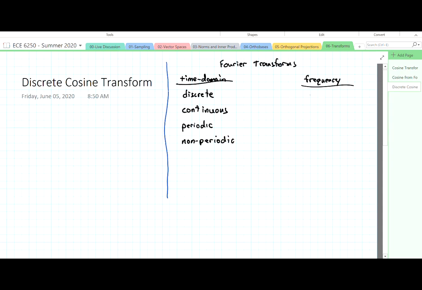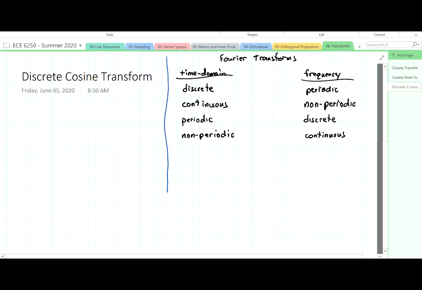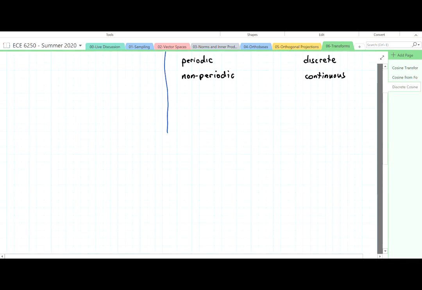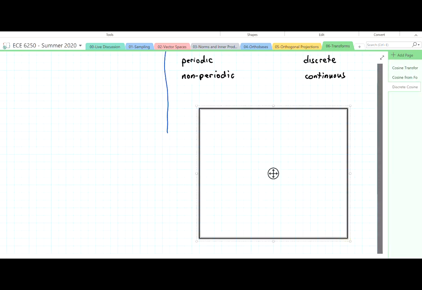And in the frequency domain, we can actually have the same thing. We can have periodic signals, non-periodic signals. We could have discrete, in other words, just specific frequencies are present, or continuous. And so I'm putting together a little grid here to show how all these things work out.